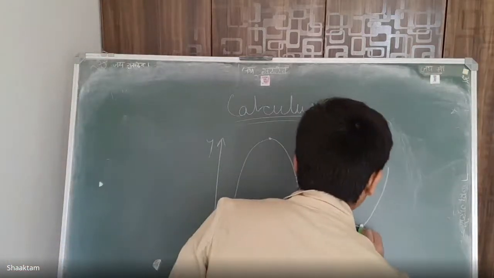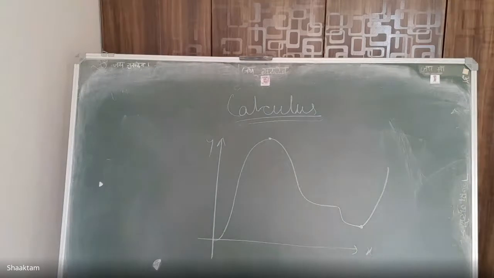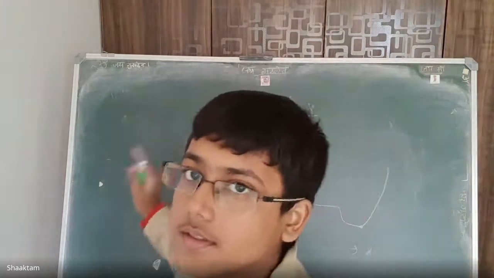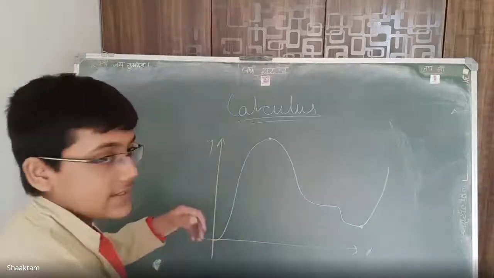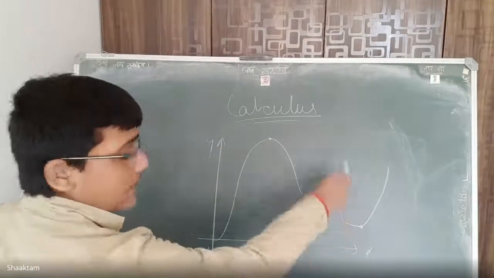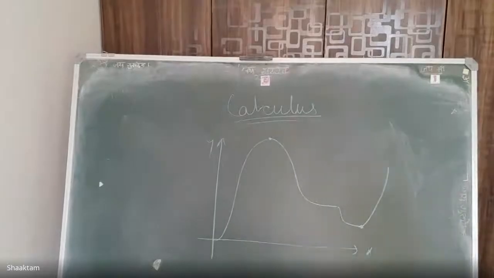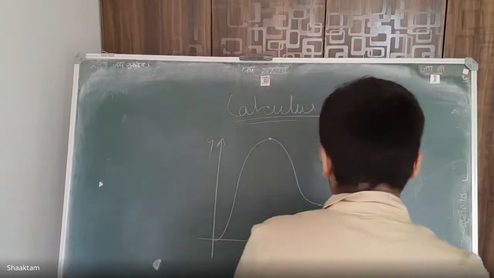This point is a minimum. I repeat. If a quantity y depends on another quantity x in a manner as shown in this figure, then you can see that it is maximum at this point, minimum at this. Now let me extend this x-axis a little.